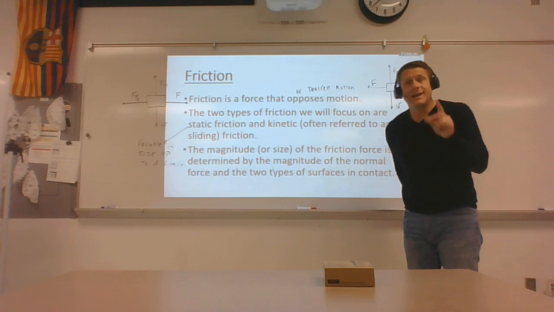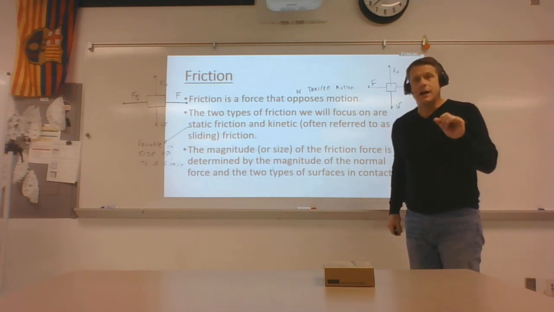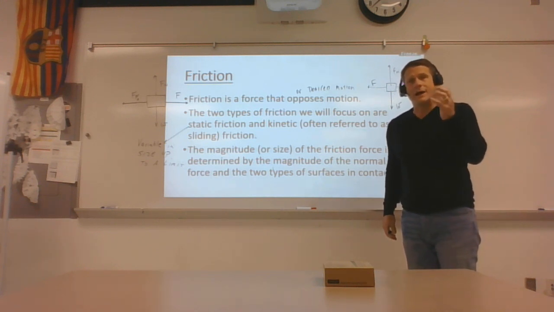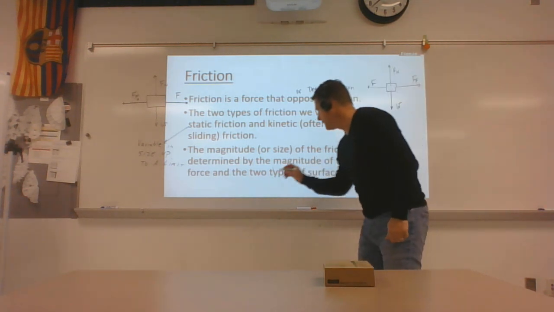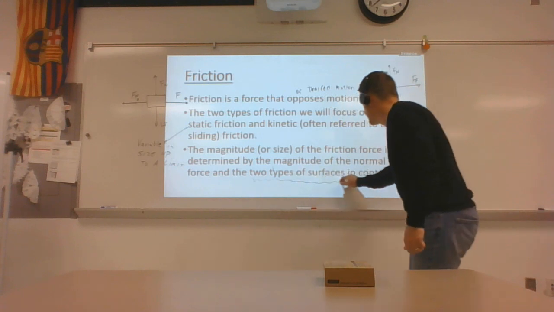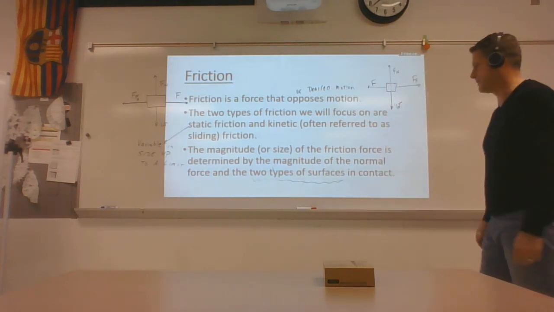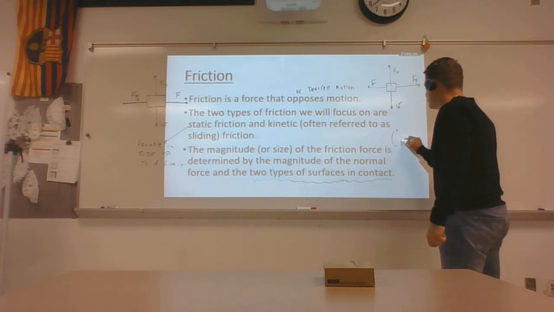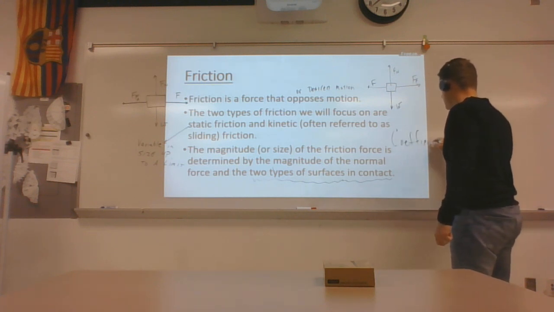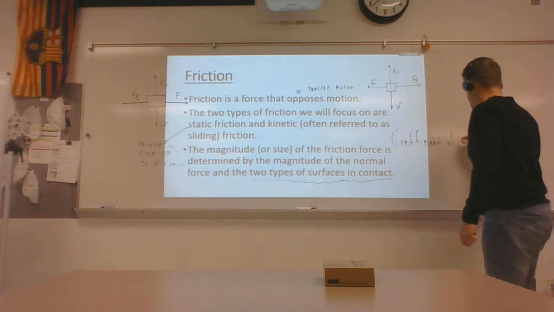Now, we need a quantifier that dictates that. The quantifier that provides a number for the two types of surfaces in contact is called the coefficient of friction.